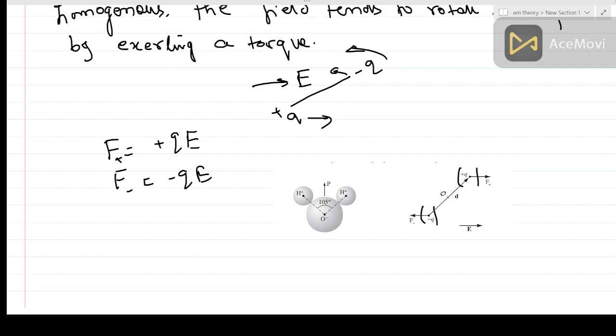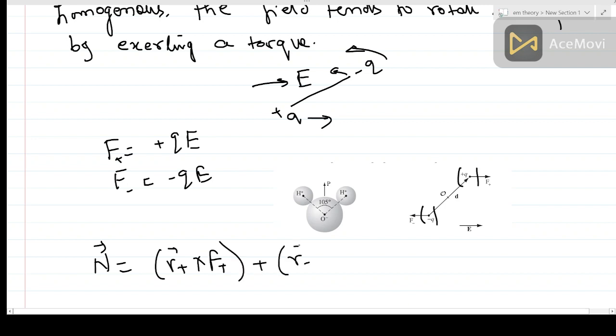Now the net torque that is produced is denoted by N. It is R plus cross F plus, where F plus is the force QE, plus R minus cross F minus. This is the net torque produced on the dipole, and this is Q times d cross E.